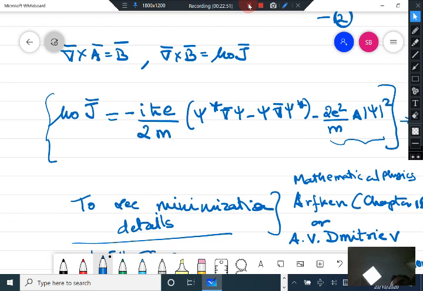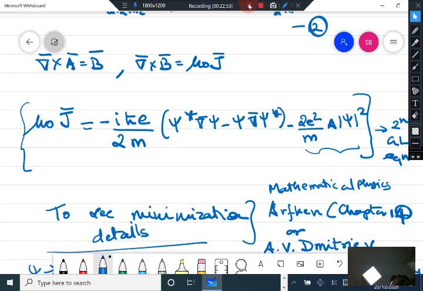Okay, quantum mechanically you have seen this sort of an expression, mu naught J. You must have seen this expression earlier, but then in a vector potential you can also show that there is this additional contribution, and this we have seen earlier. So mu naught J is this term into psi star gradient psi minus psi gradient psi star, and this.